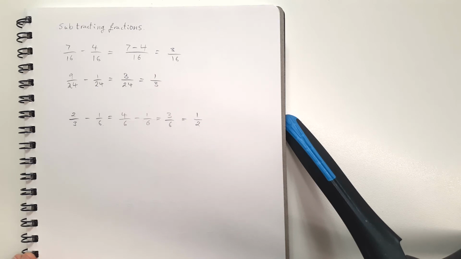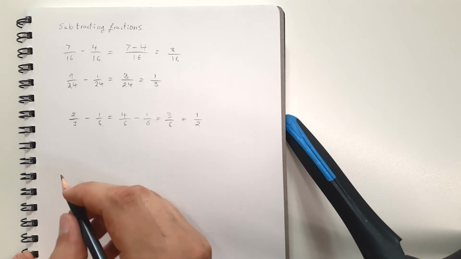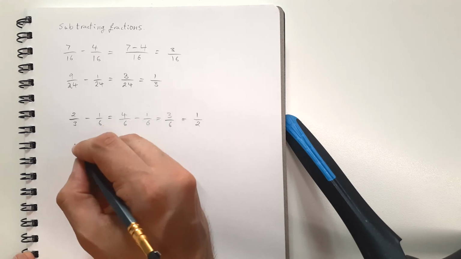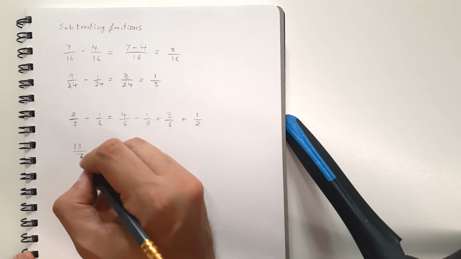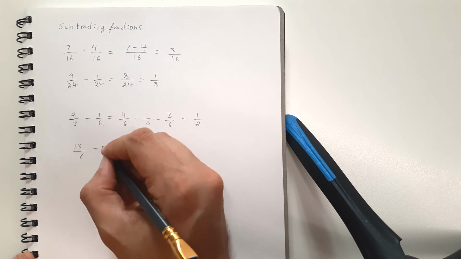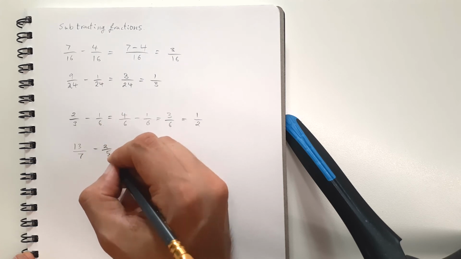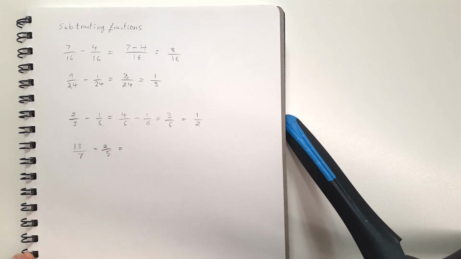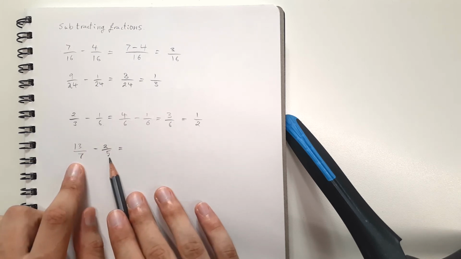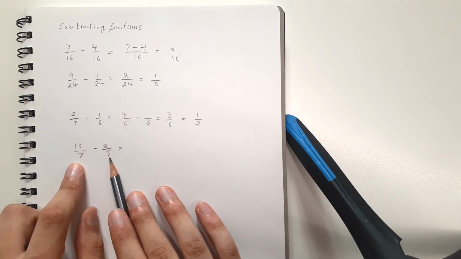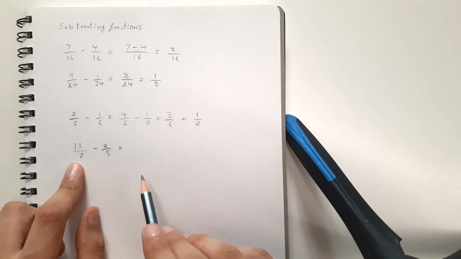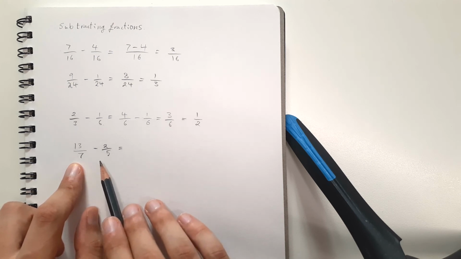Okay, now what about another really crazy example? Okay, looking here, both of these denominators are completely different. I can't turn one into the other, but like with adding, I can multiply both fractions by the other denominator.